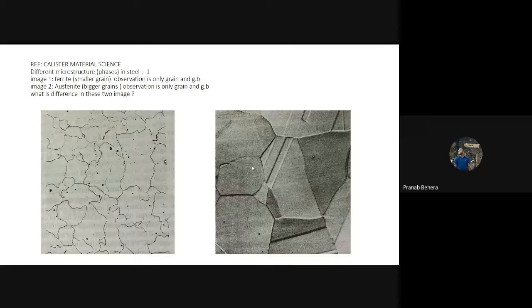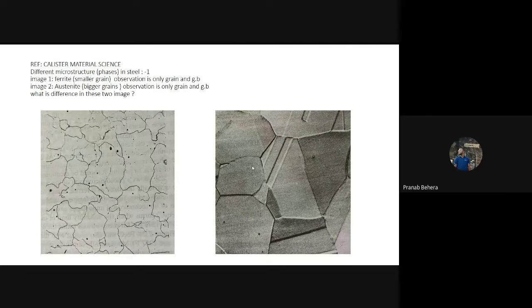Because austenite starts to form at which temperature? Suppose you have pure iron, austenite will form at which temperature? I'm talking about pure iron. 910, 912, like that. Anyways, above 910 or above 912.